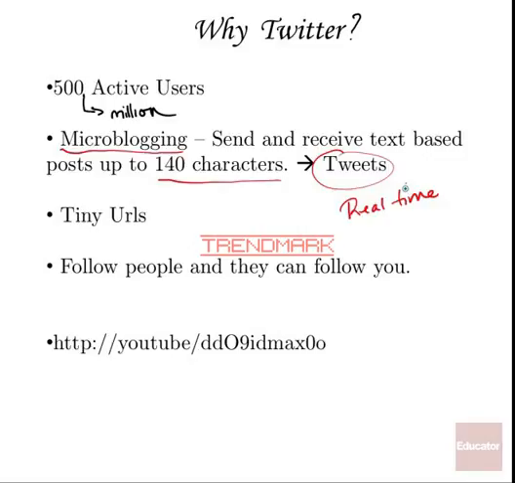Another nice thing about Twitter is that it converts large URLs. You can actually link your blogs, your websites, your articles, any kind of website that you want to communicate into what is known as tiny URLs. Okay, this is an example of a tiny URL. This is a YouTube video that we're going to show you in a minute or so, but the actual address is much longer.